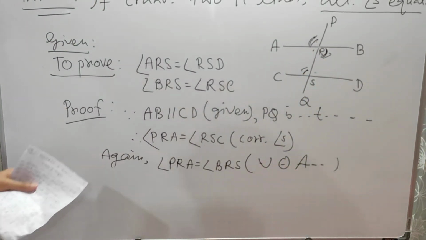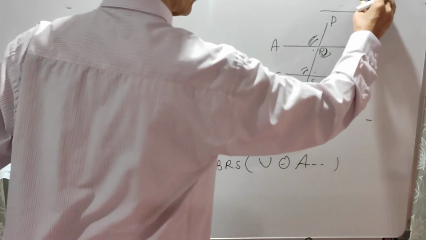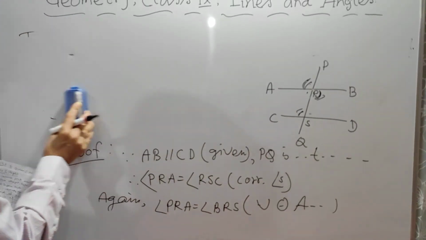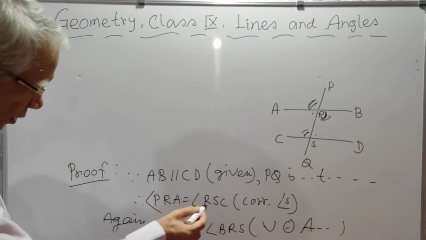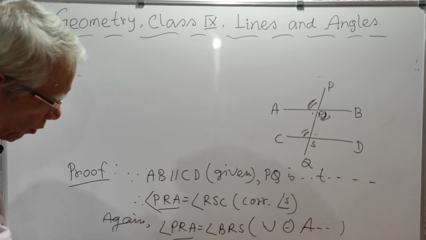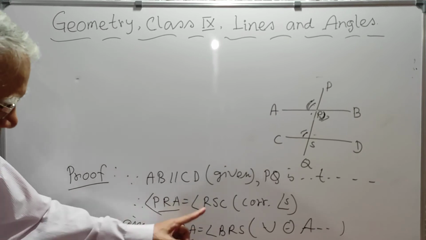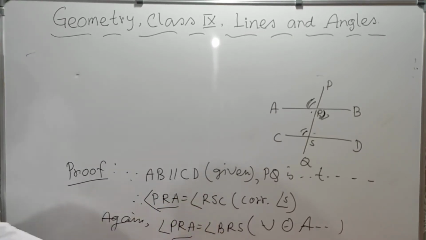Now you compare these two statements and see what you come to. PRA equal to RSC, and again PRA equal to BRS. Therefore, don't you think these two will be equal? This angle equal to PRA and this angle equal to PRA. Therefore, they are equal, isn't it?